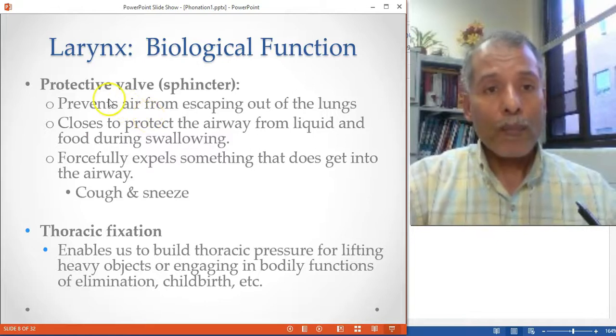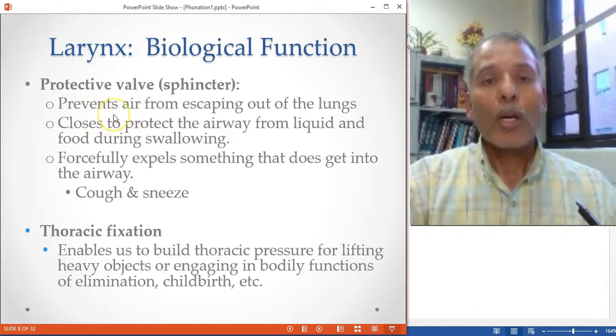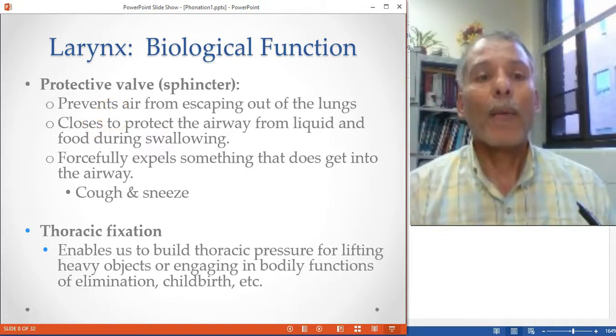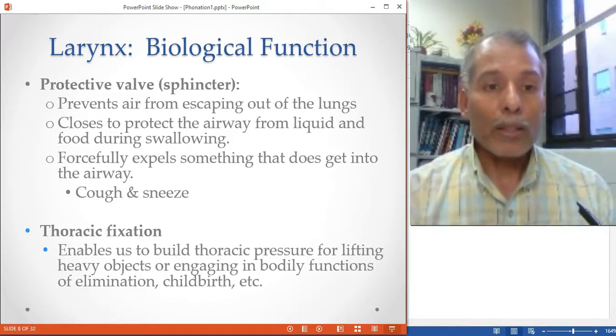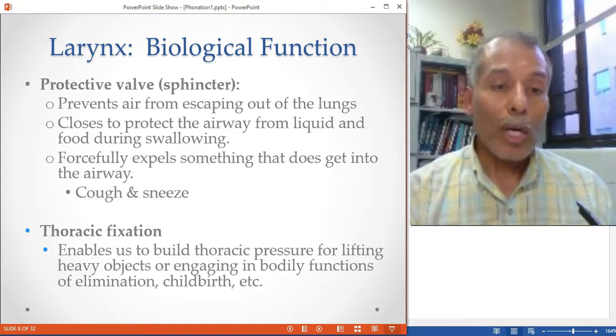It also enables you to close the airway completely, to seal it, so you can build up pressure, for example, to lift things. We have a lot of functions, for example, using the bathroom, or giving birth, or going underwater.